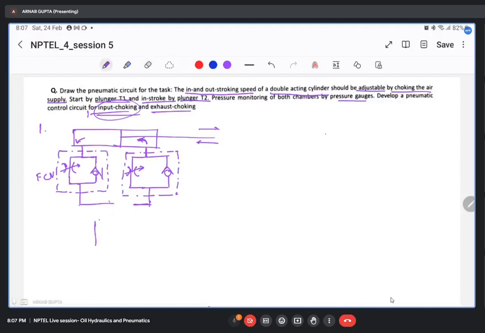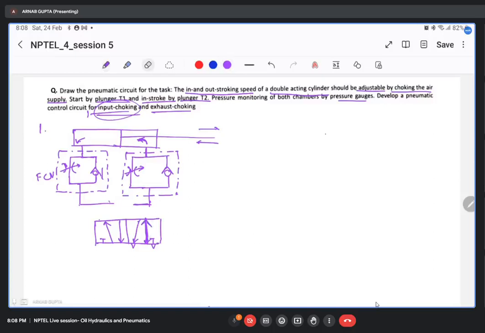Let's draw the... this is the pressure port.